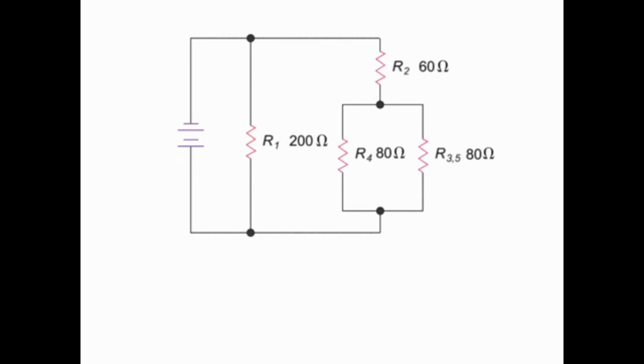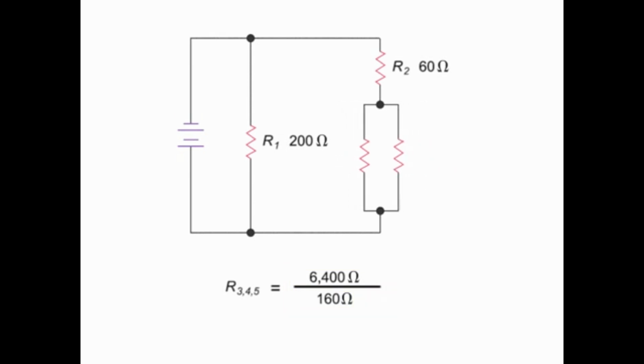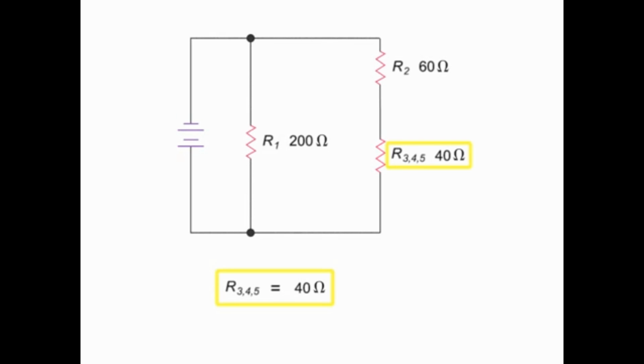Now the R4 resistor and the equivalent resistance of the R3 and R5 resistors are in parallel. Their combined resistance can be calculated by dividing their product by their sum. Thus, using the product over sum equation, we have 80 times 80 equals 6400, divided by 80 plus 80, which is 160, giving 40 ohms.